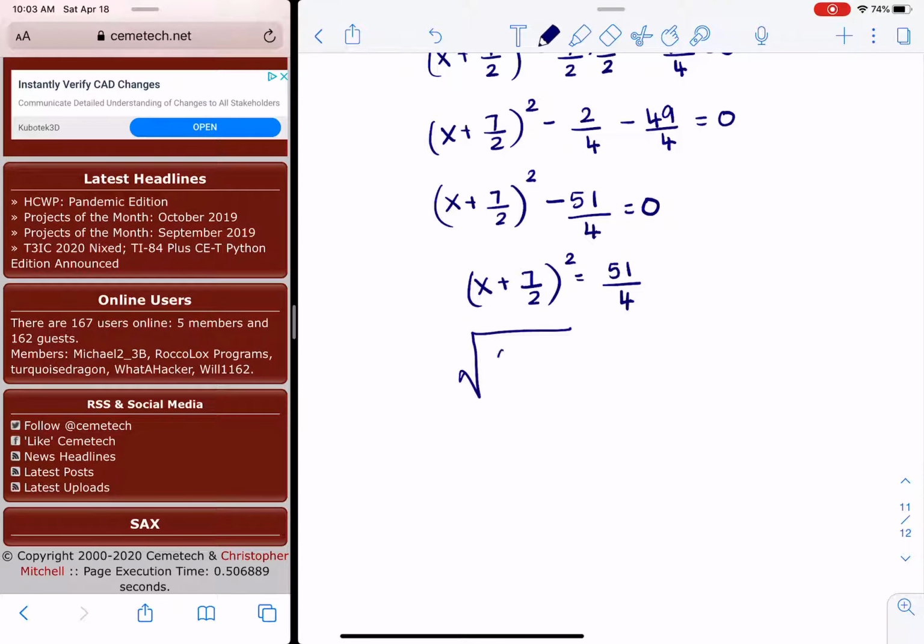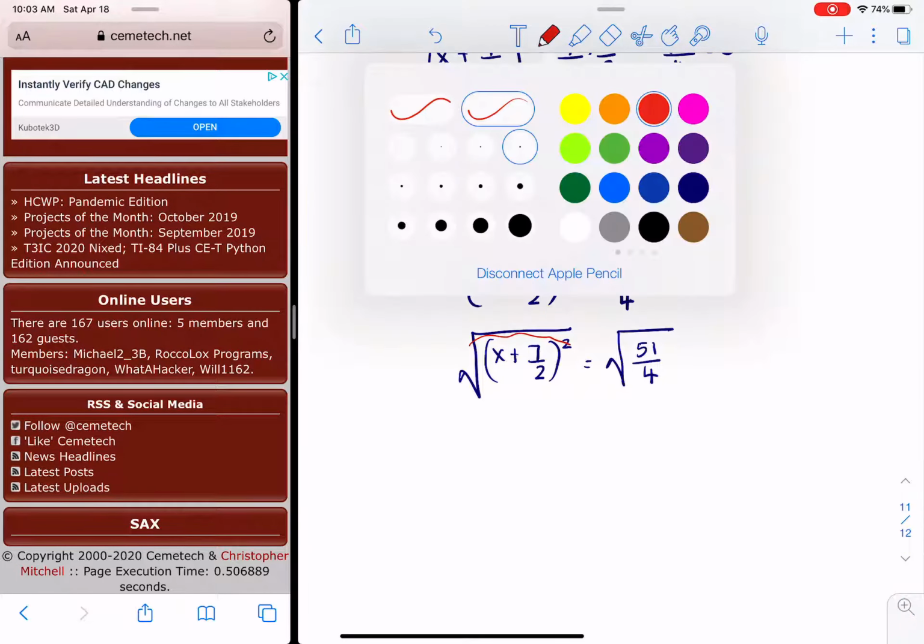So square root of x plus 7 over 2 squared would equal square root of 51 over 4. Of course, the root and the square would get cancelled.